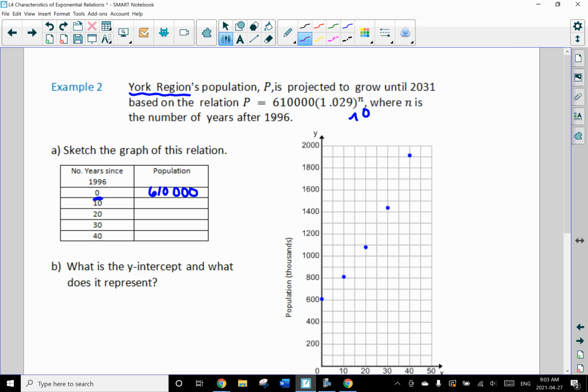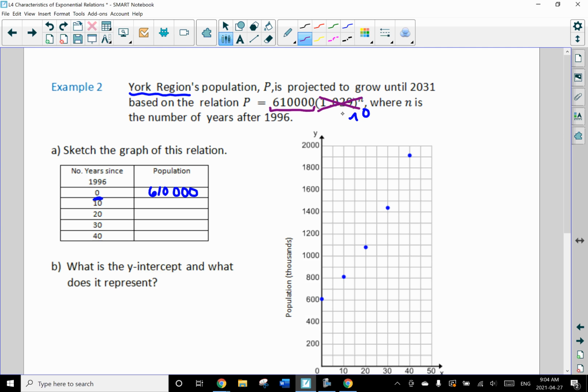Notice that is this part of the equation. So when we put in a number of 0 to find out our initial population, it's like this whole part canceled out. And that's because anything raised to the exponent of 0 is 1. So it's like 610,000 times 1, because this whole thing would have gone to 1.